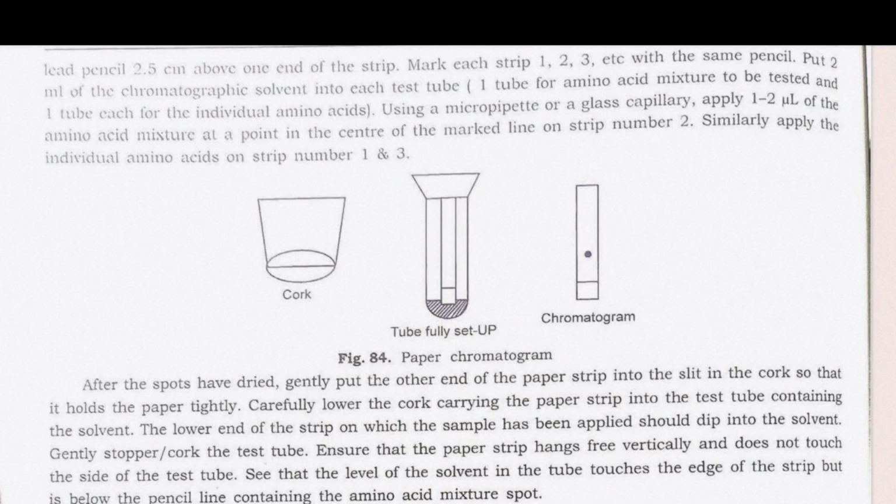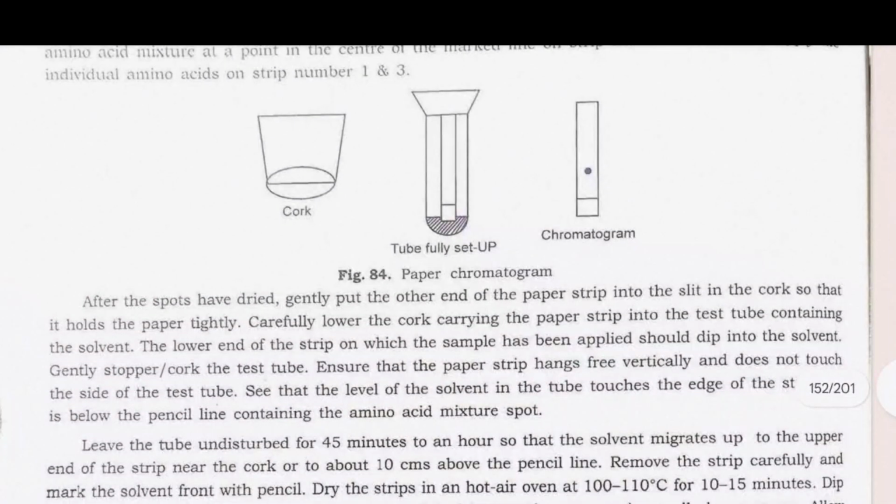Ensure that the paper strip hangs freely, vertically, and does not touch the side of the test tube. See that the level of the solvent in the test tube touches the edge of the strip but is below the pencil line containing the amino acid mixture spot.